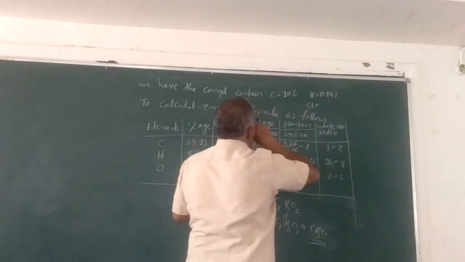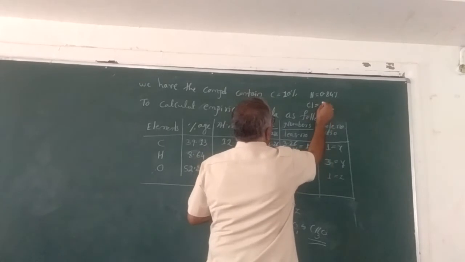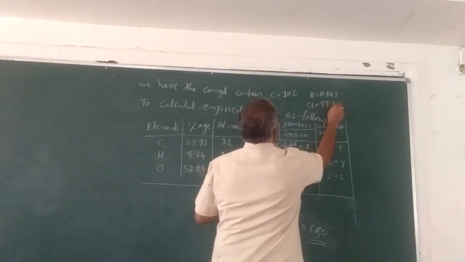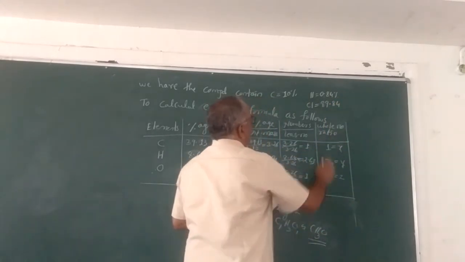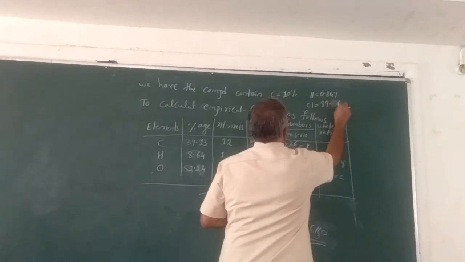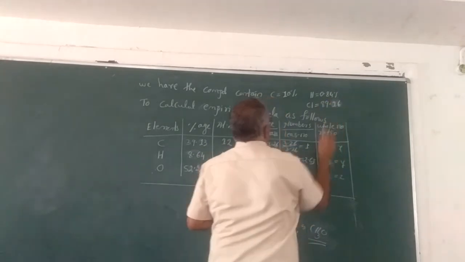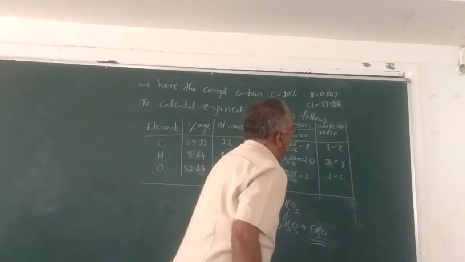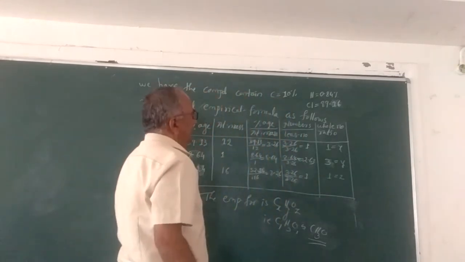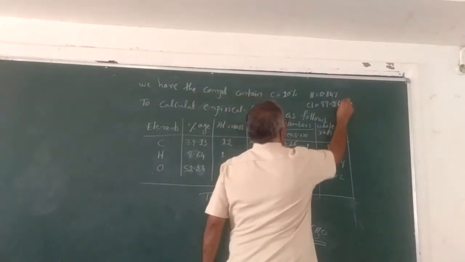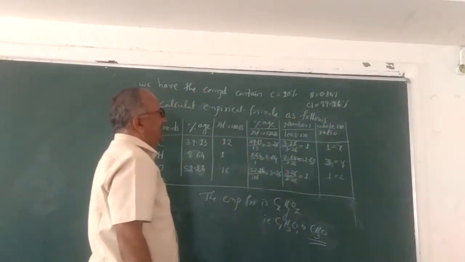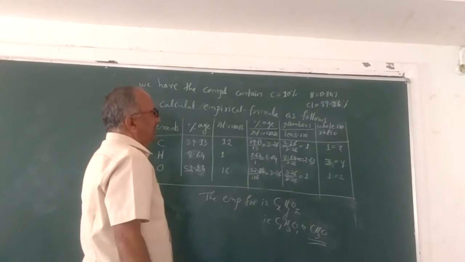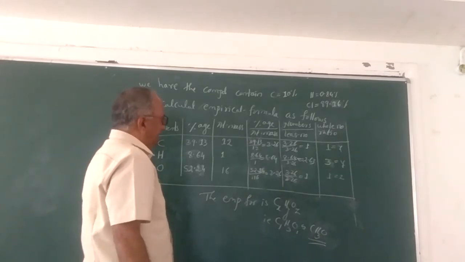Chlorine is, so this is 89.16%, because 100 minus percentage of carbon and percentage of hydrogen, you will get 89.16.